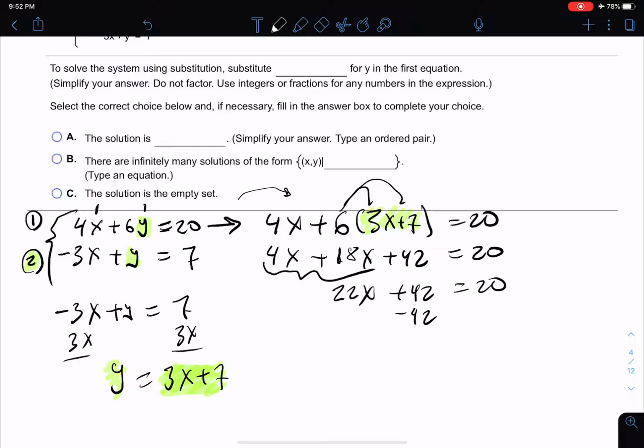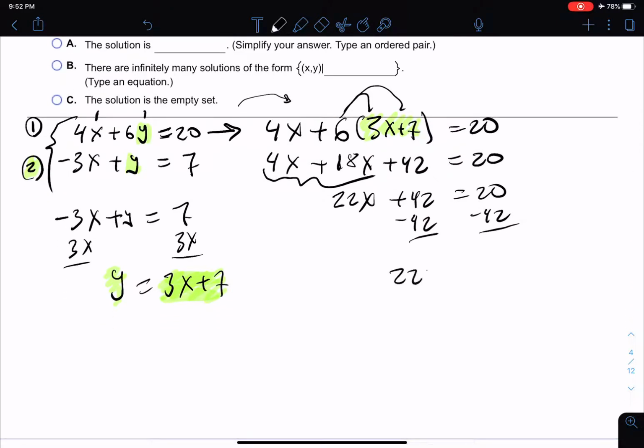Subtract 42 from both sides, and this is going to give me 22x equals negative 22. Divide both sides by 22, therefore x equals negative 1.